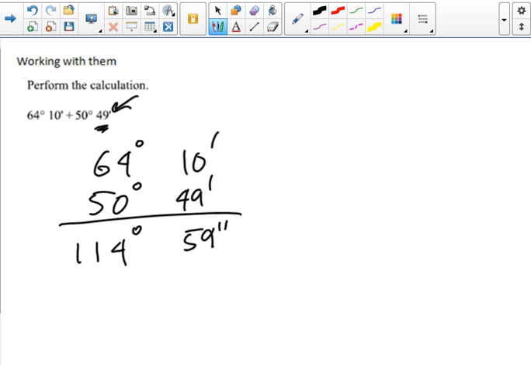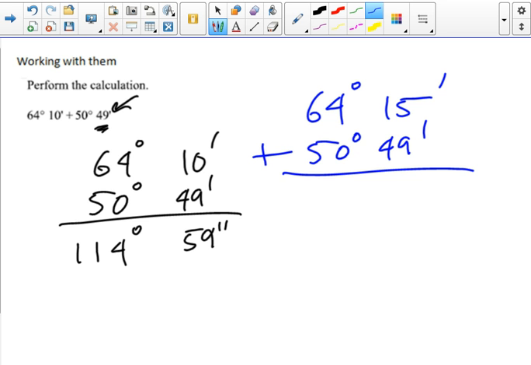It's kind of a lame example, so I'll make up a new problem. What if I had 64 degrees and 15 minutes added to 50 degrees 49 minutes? Then I'd have 64 minutes, and I'd have the same 114 degrees over here.